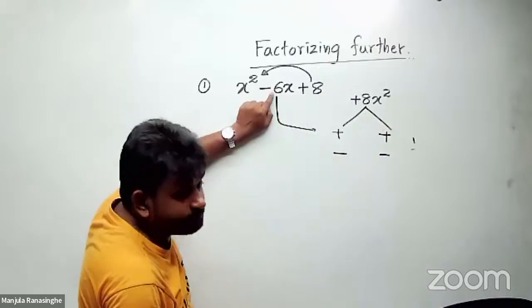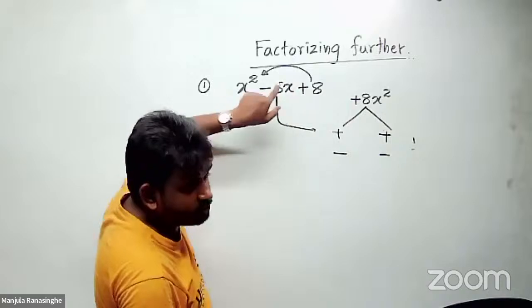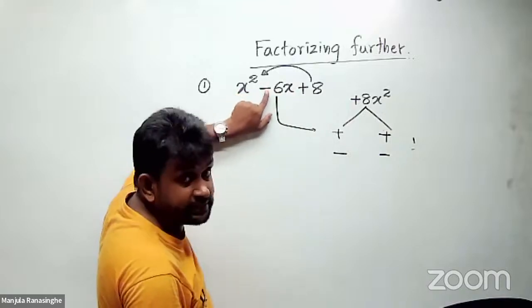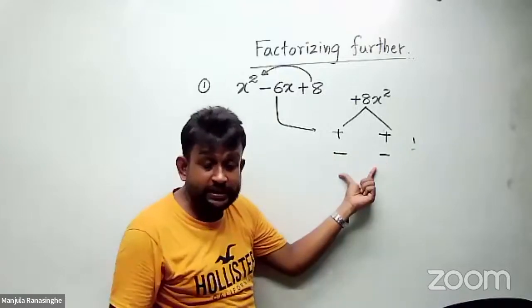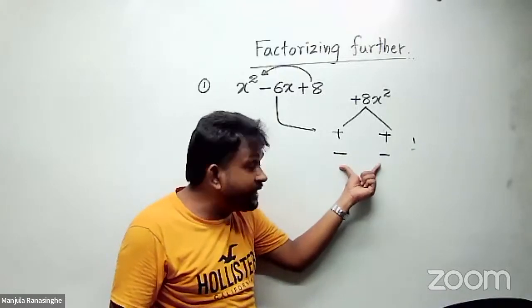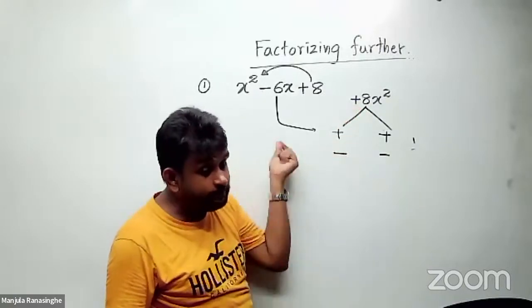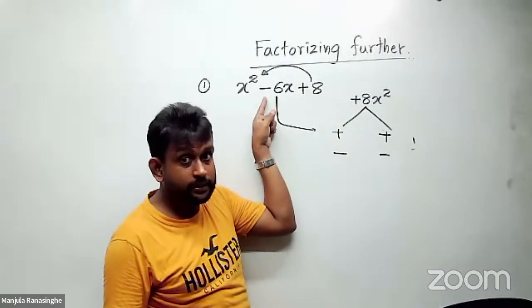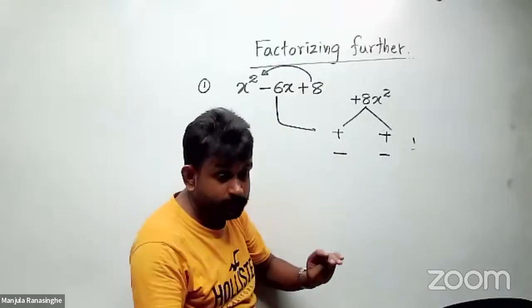If the middle term is positive, then you choose a positive pair. But here the sum is negative, which means a negative pair should be there. Both shall be negative because the product is positive and the sum is negative, right? So you choose a negative pair.